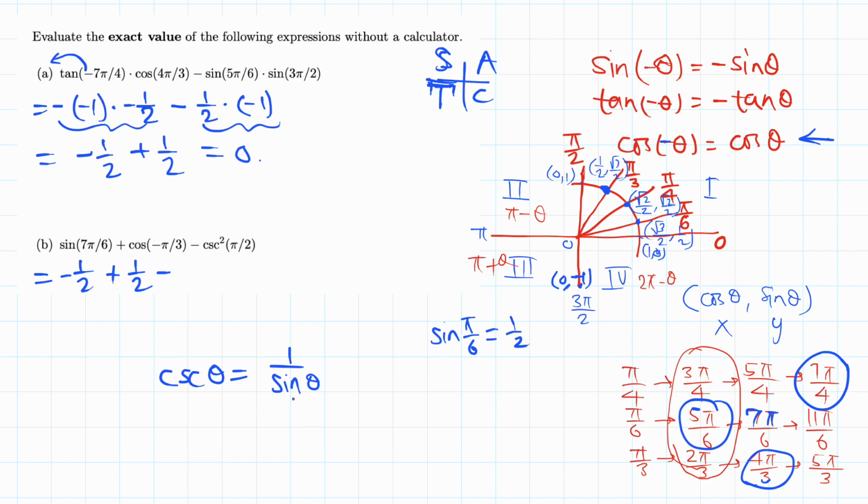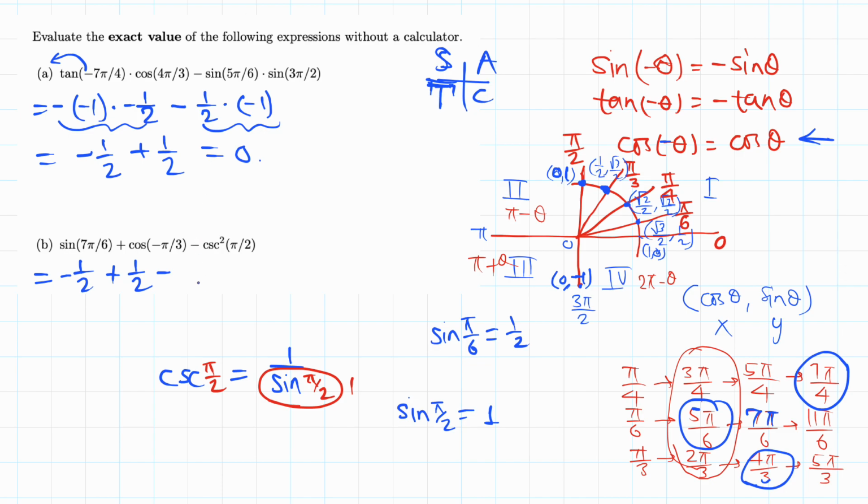Cosecant pi over 2, so sine pi over 2. Sine 90 degrees here, cosine is 0, sine is 1. So cosecant of pi over 2 would be 1 over sine of pi over 2, and this value is 1, so 1 over 1 is 1.